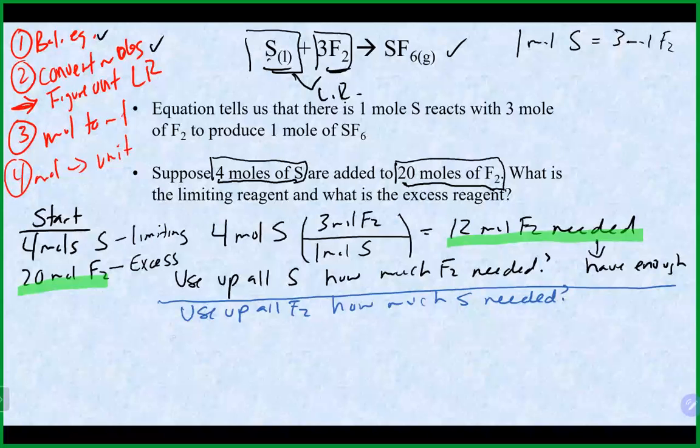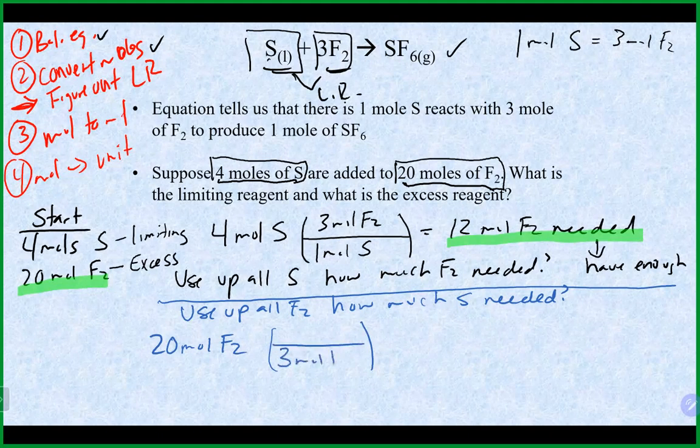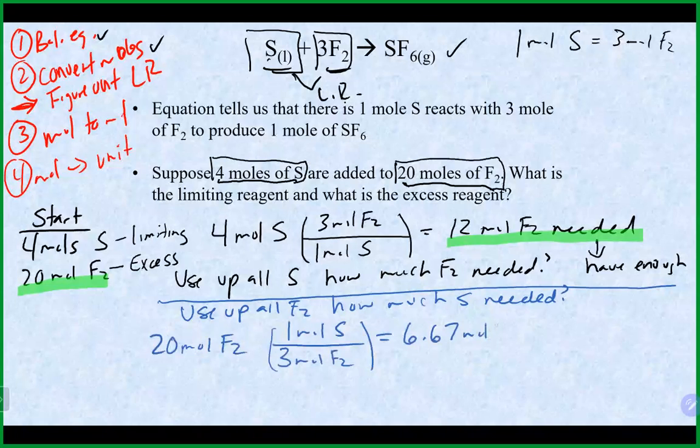I would start with my F2, which is 20 moles of F2. I would use my same relationship, flipped around so everything cancels out correctly: 3 moles of F2, 1 mole of sulfur. So that would be 20 divided by 3, which is about 6.67 moles of sulfur needed.